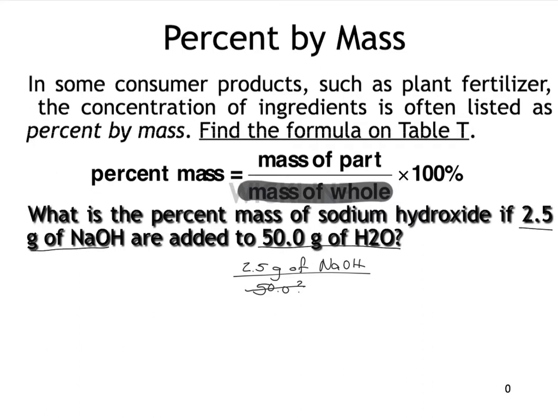So I'm going to write, instead of 50, 52.50 grams of solution. So once we have that, we multiply by 100. So I got 4.76%. With sig figs, I should really only keep 2. So, of course, 4.8% is probably the better answer, but both would be acceptable.